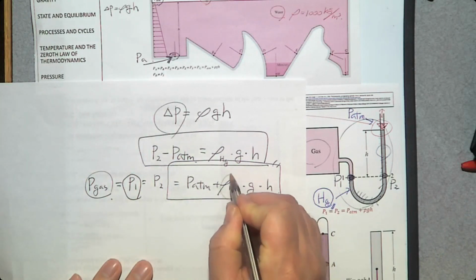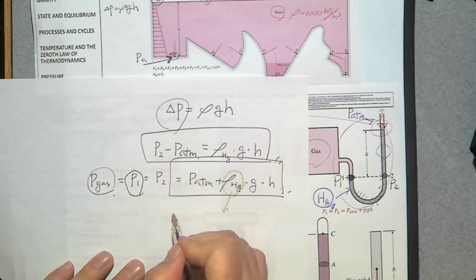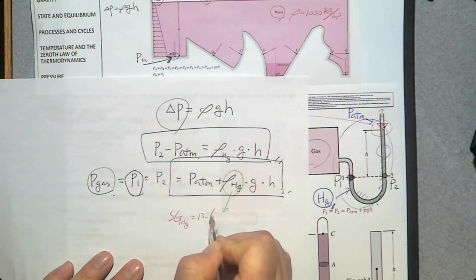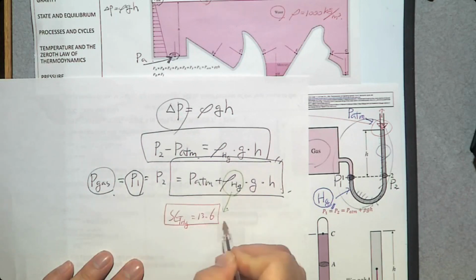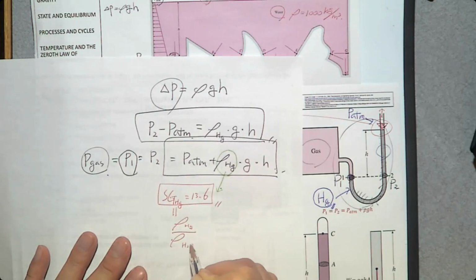So if you know the density of mercury, what is the density of mercury, by the way? We studied specific gravity. Specific gravity of mercury is what? 13.6. So how does this work? Specific gravity is the density of mercury divided by the density of the known substance, which is water.